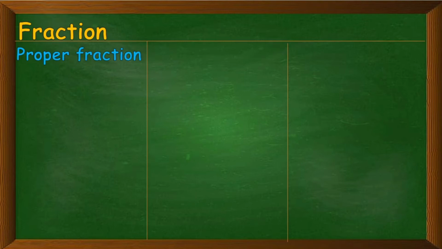Next, fraction. First, we have proper fraction. If the numerator is less than b, that is a proper fraction. Example, we have 3/5 and 1/6, where a and b are both integers.